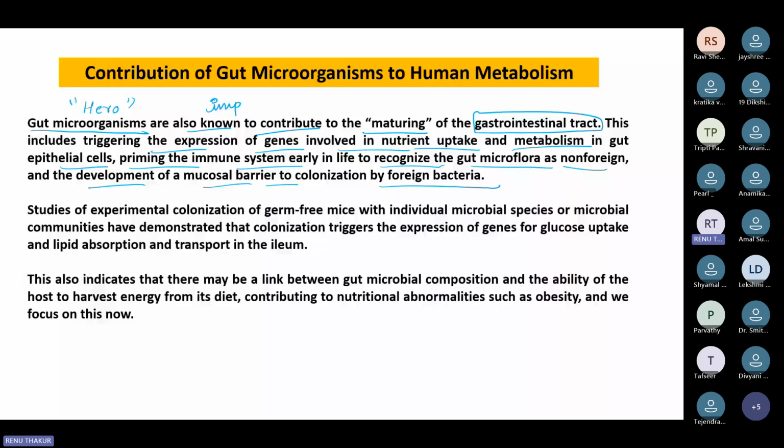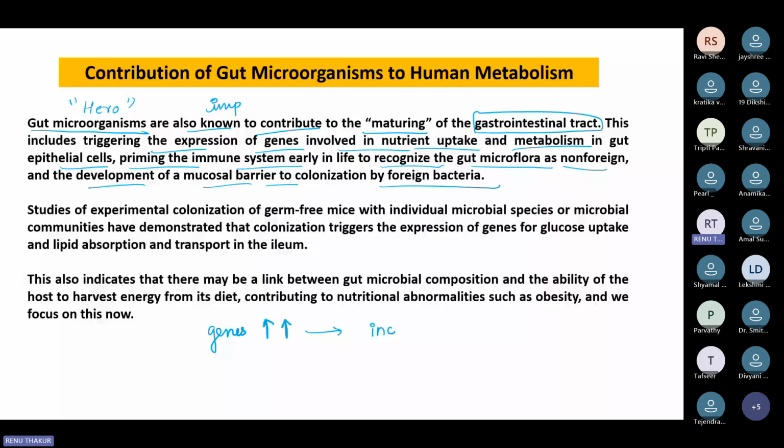They contribute to the healthy life of an individual. They mature the gastrointestinal tract by triggering the expression of genes. The expression of genes is stimulated by these microorganisms to increase nutrient uptake. Nutrient uptake will increase, then what will happen? It will meet the energy expenditure.